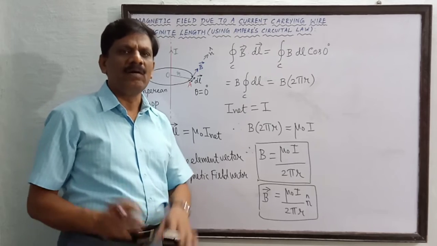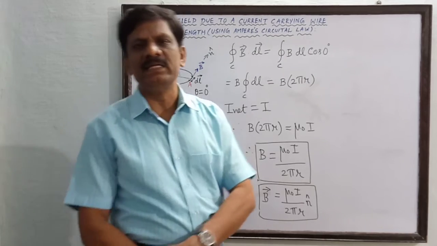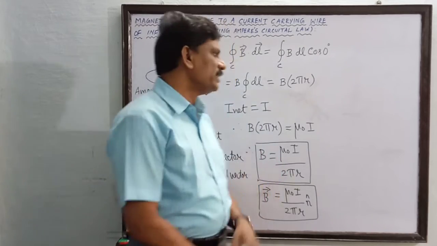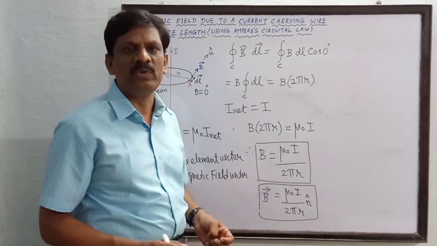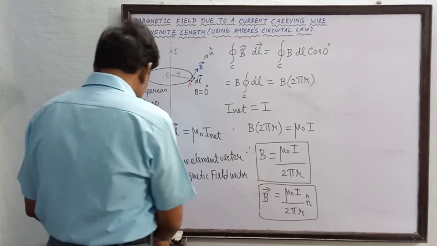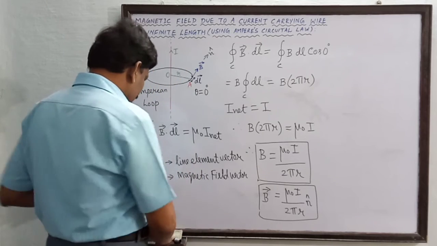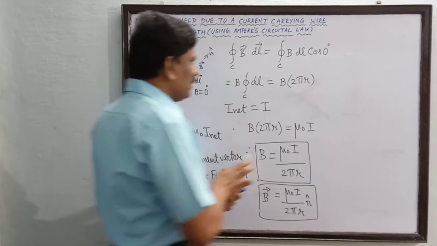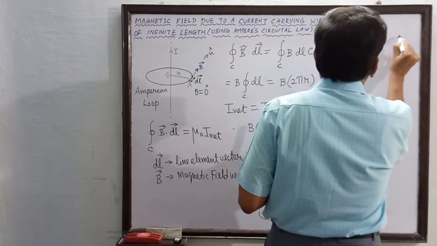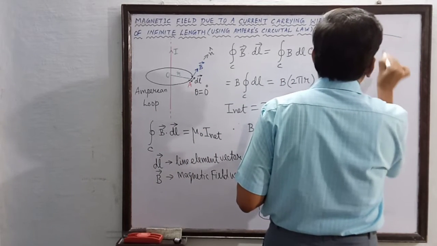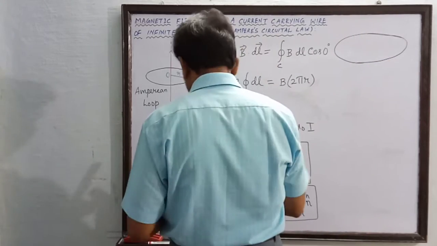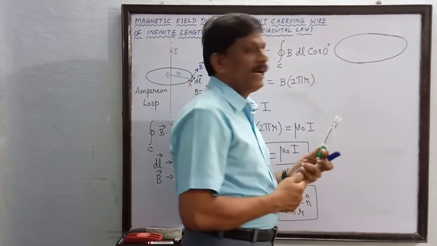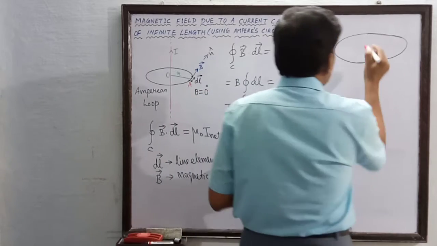Now in competitive exams like IIT and NEET, one question is definitely asked from this portion. So, for that I am going to show you one example. I will consider an Ampere loop, and inside this Ampere loop I am going to consider two conductors.